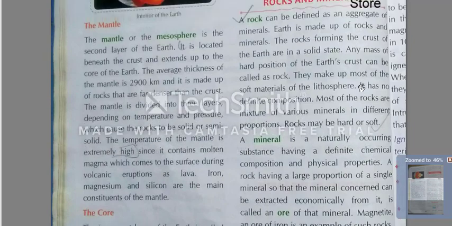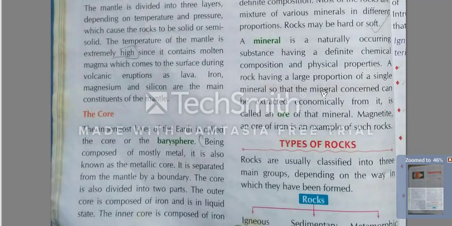Here, about rocks, we have seen that most of the rocks are a mixture of various minerals in different ratios. But here we have a condition: a rock having a large proportion of a single mineral.